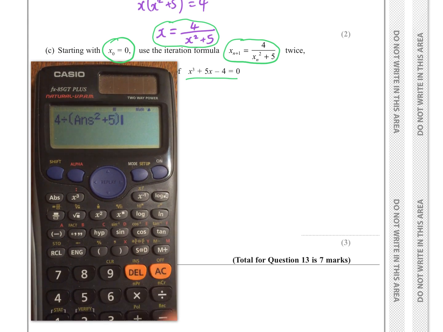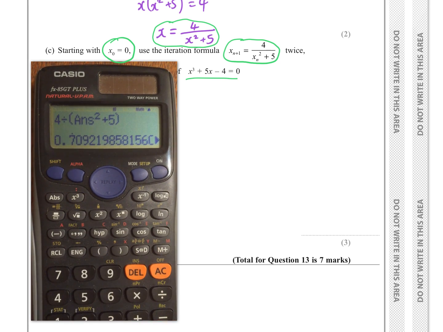And what that will mean is it will just put 0 in place of ANS. So we can press equals and we get 4/5 or 0.8. We then can press the equals button again, and it will put 0.8 in place of ANS, and it will save us a lot of time. So we can just press equals again, and there's our second value as a fraction.